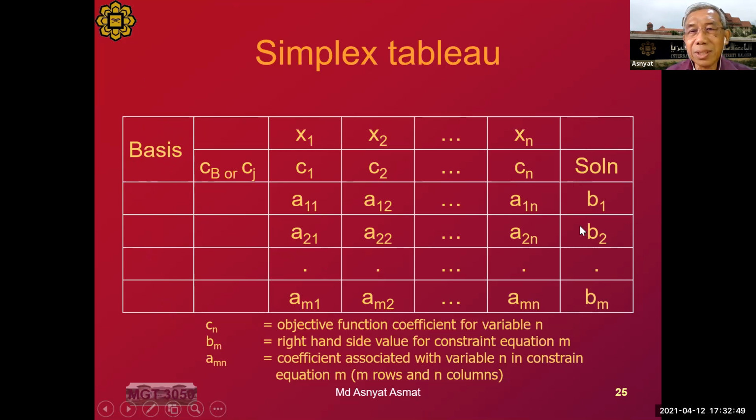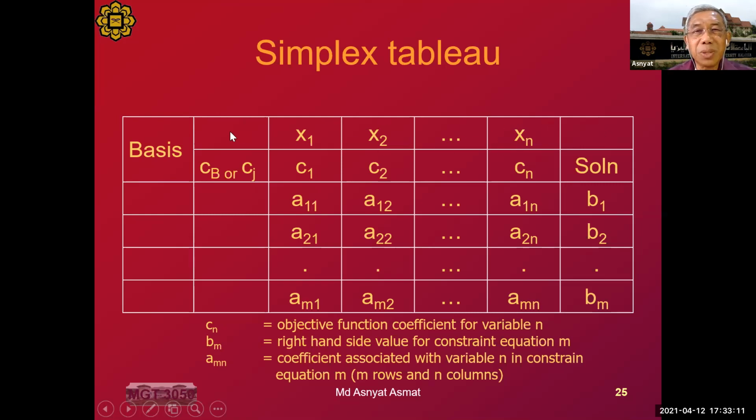And then on the right-hand side, here, we have the solution column represented by B1, B2, B3, B4, up to whatever number. And then at the top, here are the variables, X1, X2, X3, X4, X5, up to Xn.